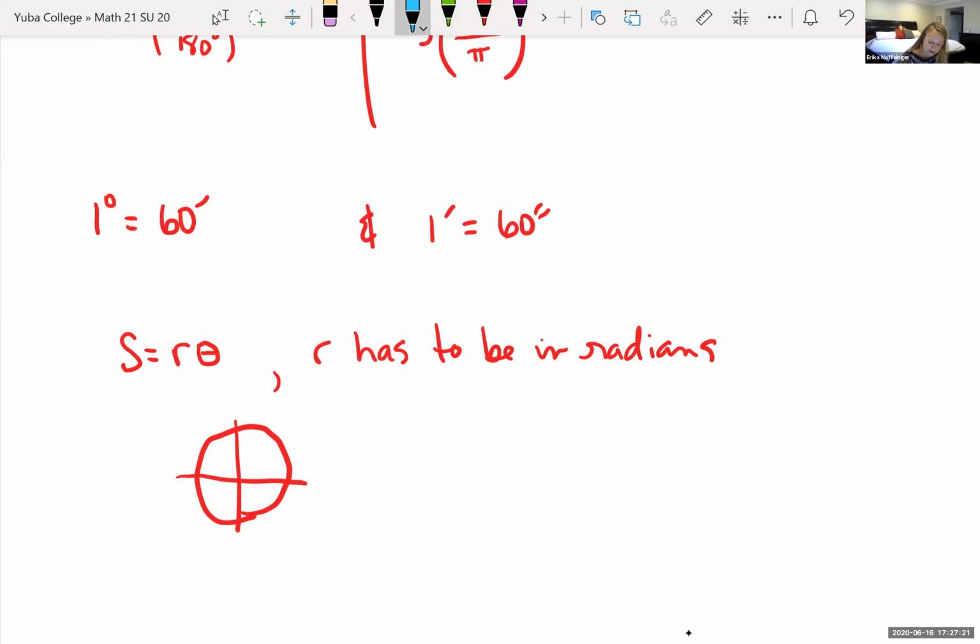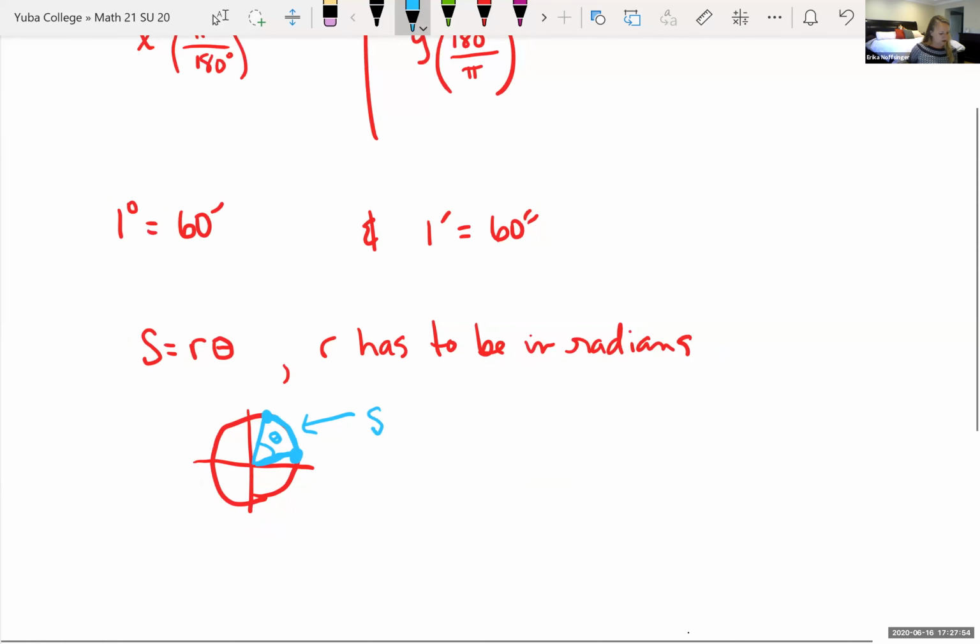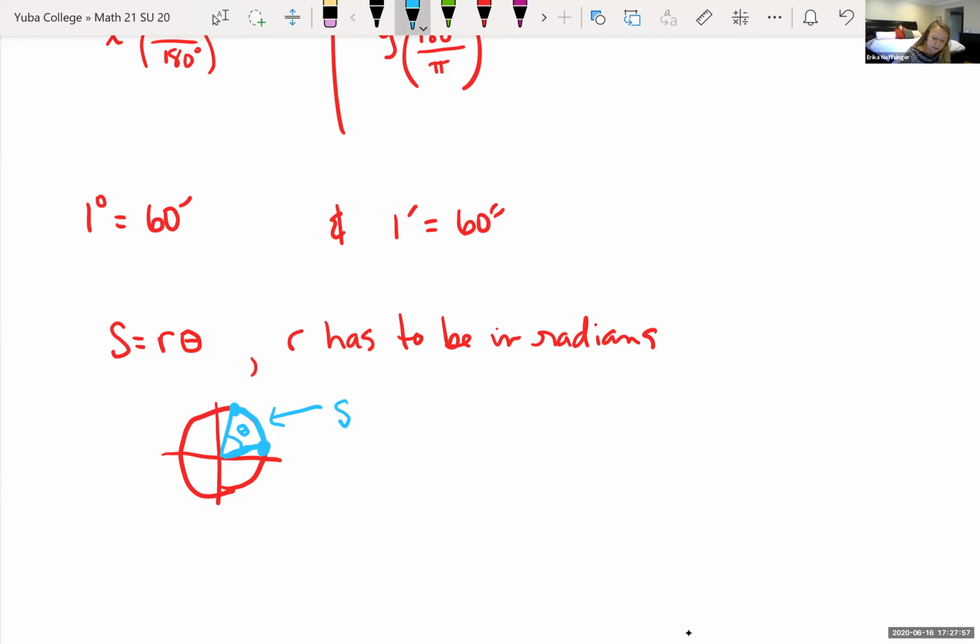And so, for instance, if I wanted to know what is the measure of this arc in here on this circle, it had to do with our theta, how much our rotation went from our initial side to our terminal side of the ray. And it also had to do with R. And so this is the measure of the arc length.